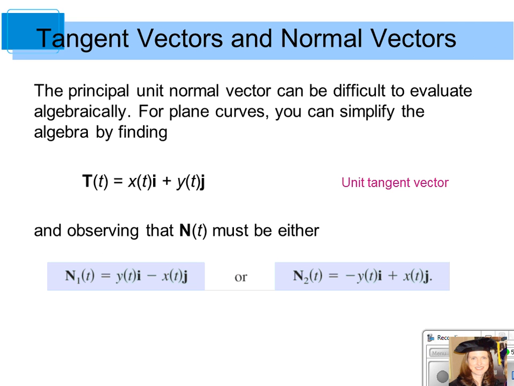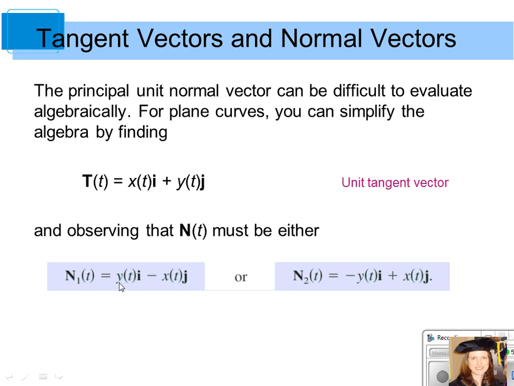The principal unit normal vector can be very difficult to evaluate algebraically. For those of you that tried that algebraically and did the simplification, you would know firsthand that it can be difficult. So you can simplify the algebra by finding the unit tangent vector and observing that if your unit tangent vector is x of t, y of t, then your principal unit normal vector is reversed.